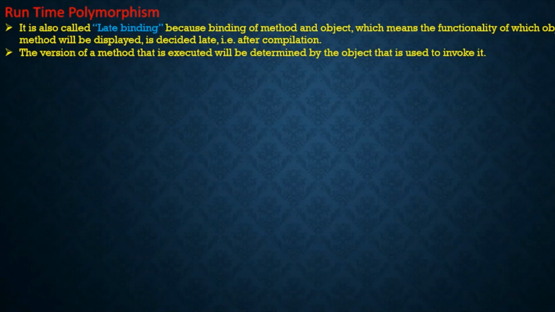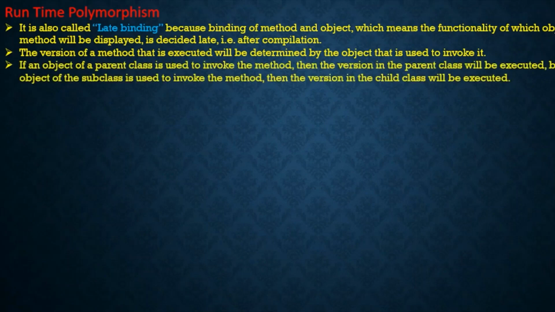So I can say we are achieving runtime polymorphism. Why? Because at runtime it decides the binding from the subclass and executes the subclass method.